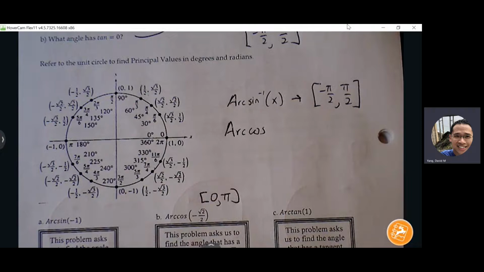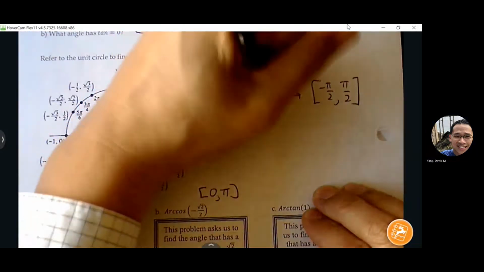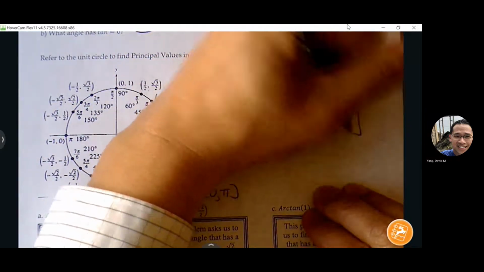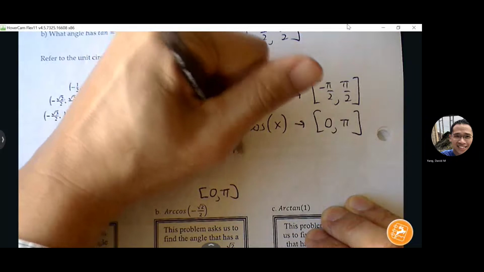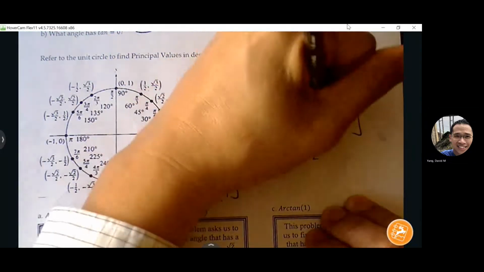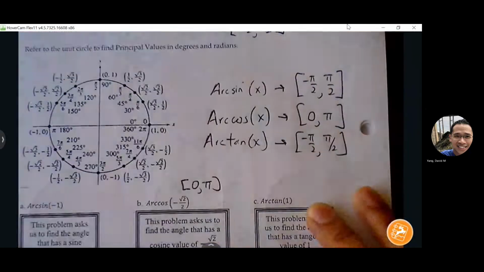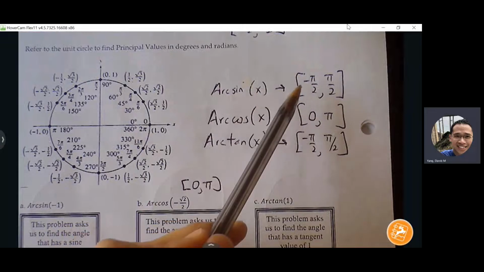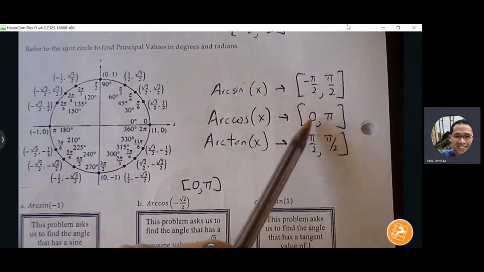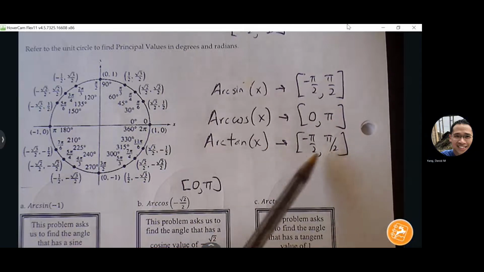It's either inverse cosine or arc cosine, but they're interchangeable. So arc sine is in the fourth and first quadrant. Cosine, you're only looking at the first and second quadrant. Arctangent, fourth and first quadrant.